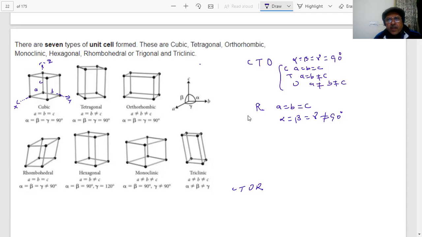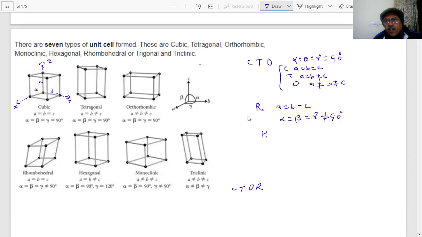Rhombohedral, R. After that, students, the next one is hexagonal. In hexagonal, what happens? Again, what is the story?